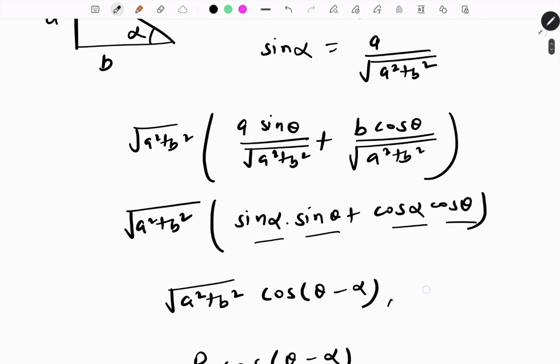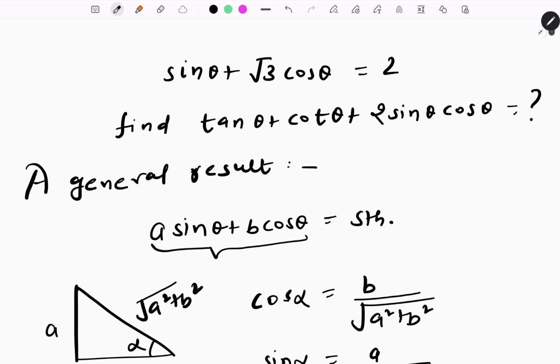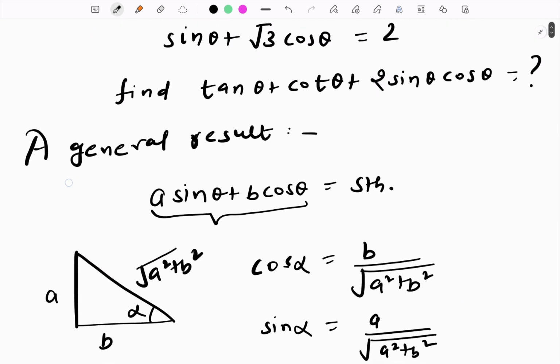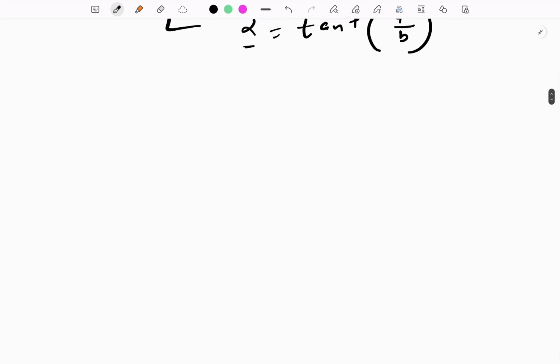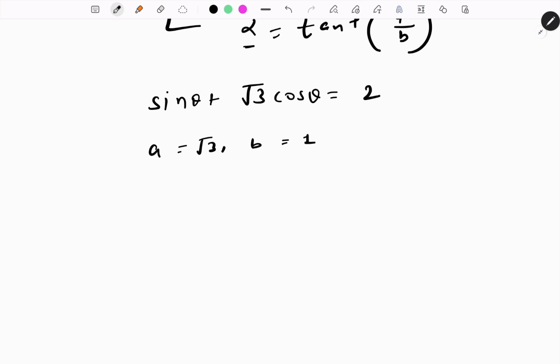So let's apply this result to our question. Our question was sin theta plus root 3 cos theta equals 2. So here you can see that the coefficient of cos is root 3, that is b, and the coefficient of sin theta is 1.